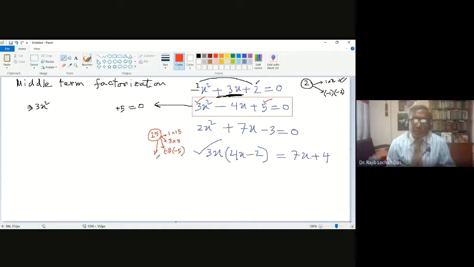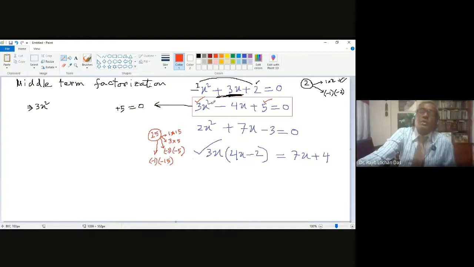So maybe minus 1 minus 15 is possible, but this is also the same thing. Minus 1 minus 15 not working, plus 1 plus 15 not working, and minus 3 plus minus 5, plus 3 plus 5, no combination is working for this. Do you find any other combination for this? No, sir.